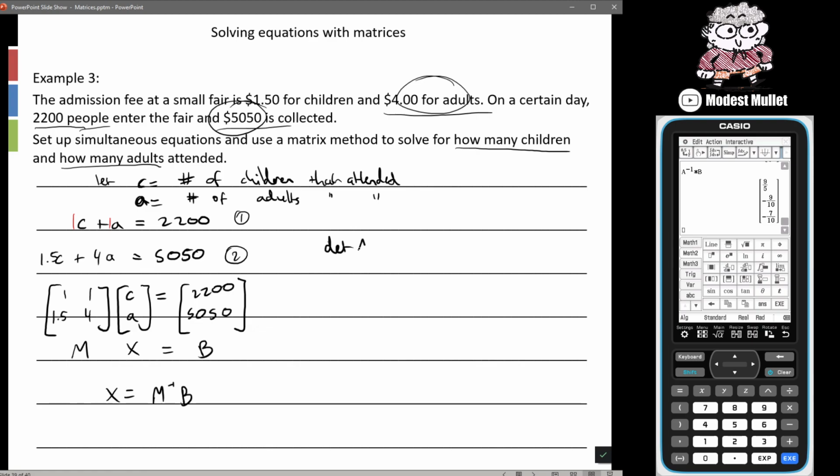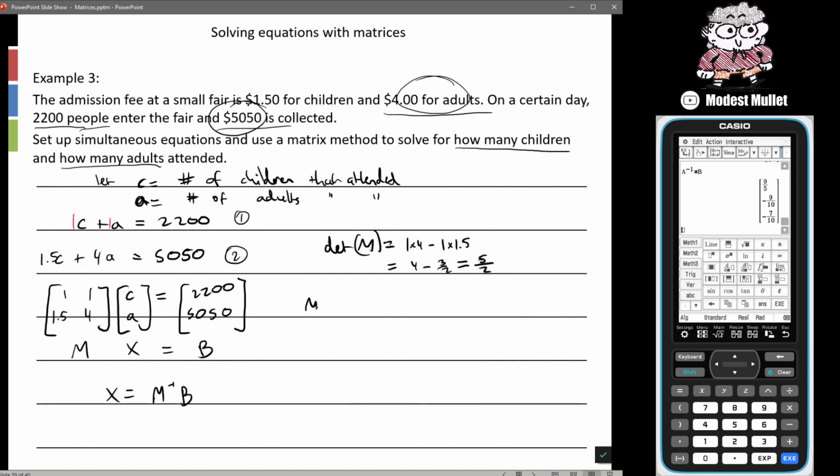So the determinant of M is equal to 1 times by 4 take away 1 times by 1.5, is equal to 4 take away, and 1.5 is 3 over 2, so that's going to be equal to 2.5, which is the same as 2 times 2 is 4 plus another 1 is 5. That's 5 on 2.